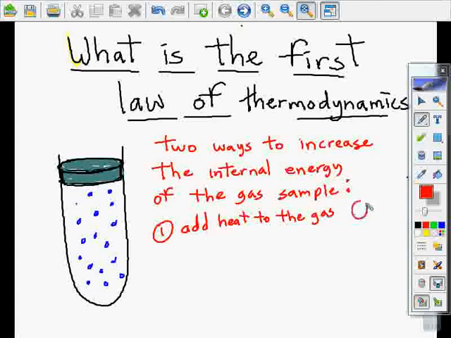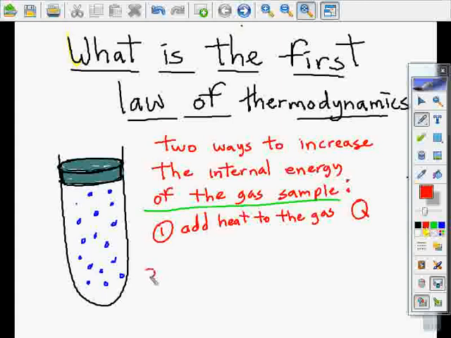Remember, heat has the symbol Q. By adding heat, you would increase the temperature, and of course when the temperature goes up, the internal energy increases.